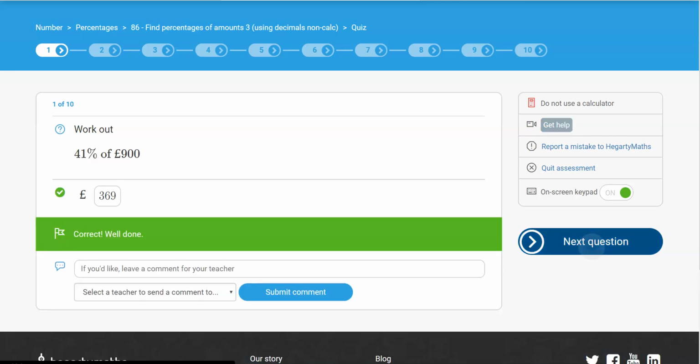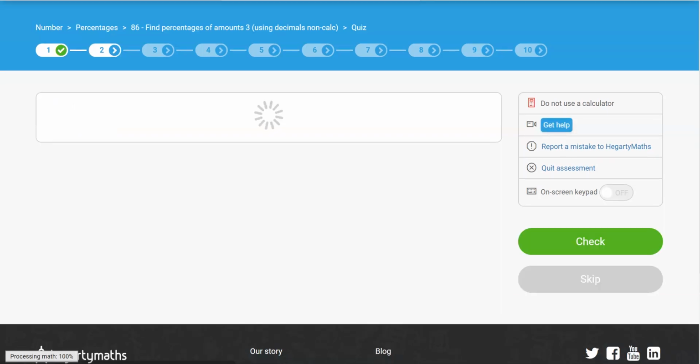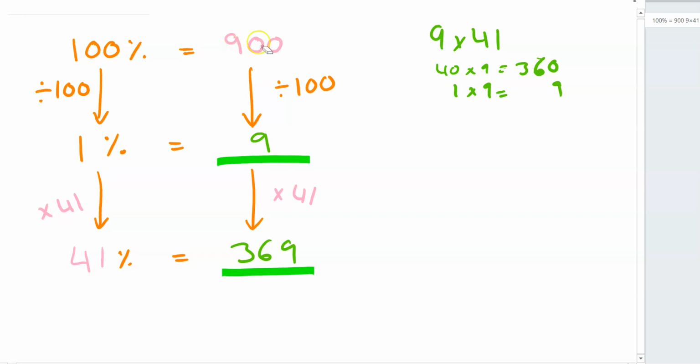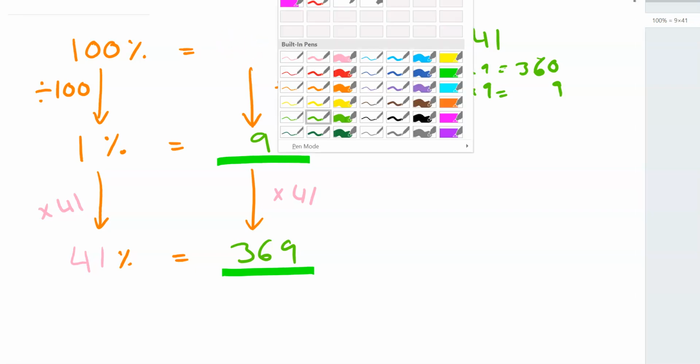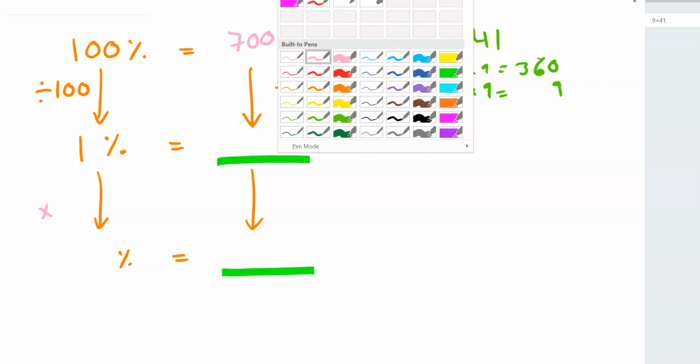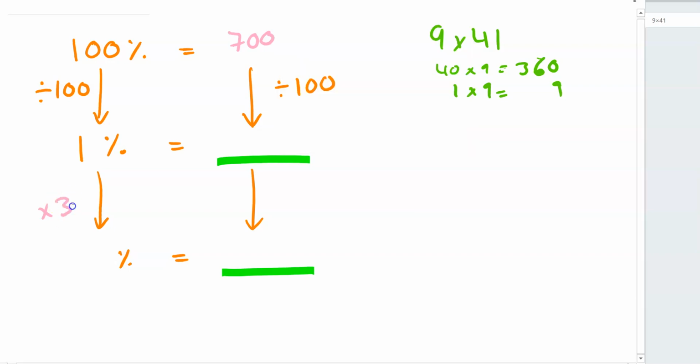There we go. So question number 2. Now the number is 700, so that number there is going to change to a 700. Only the pink bits will change, and then I need to work out the new green bits. The percentage was 33, so all of these turn into 33.